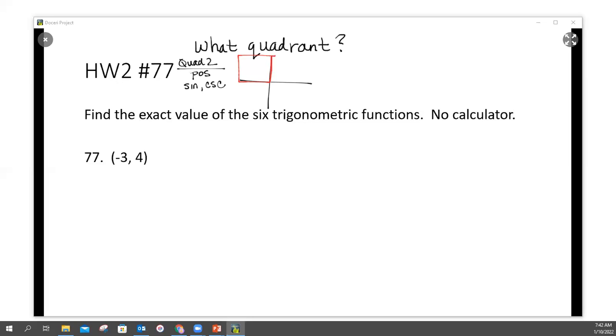So remember again, this is X, this is your Y, X is adjacent, Y is opposite. We need to figure out the hypotenuse, and it is a right triangle, so we can use the Pythagorean Theorem. C squared is going to equal A squared plus B squared. So I'll go ahead and solve that.